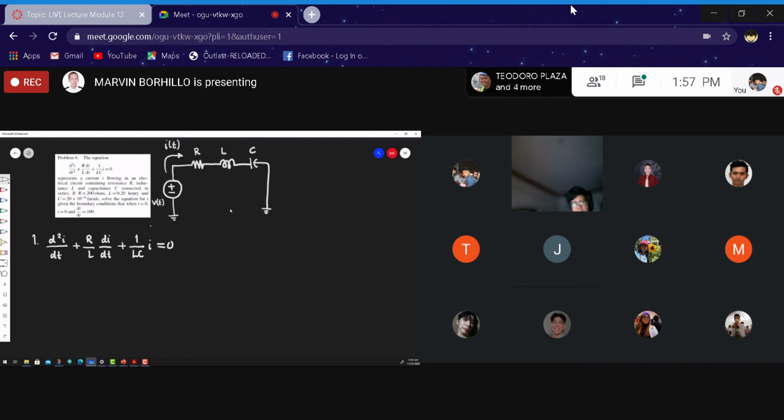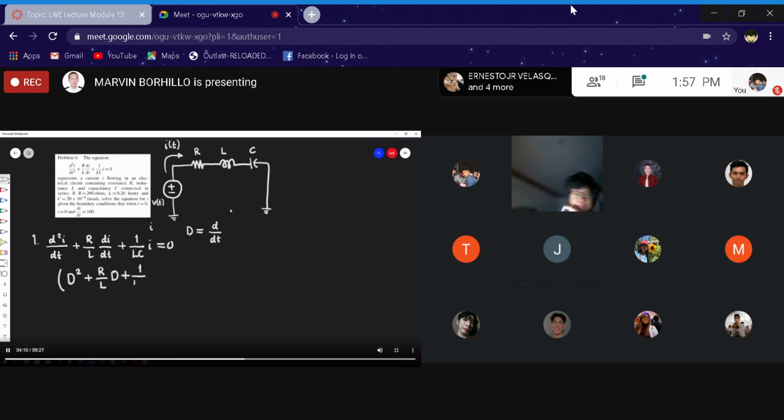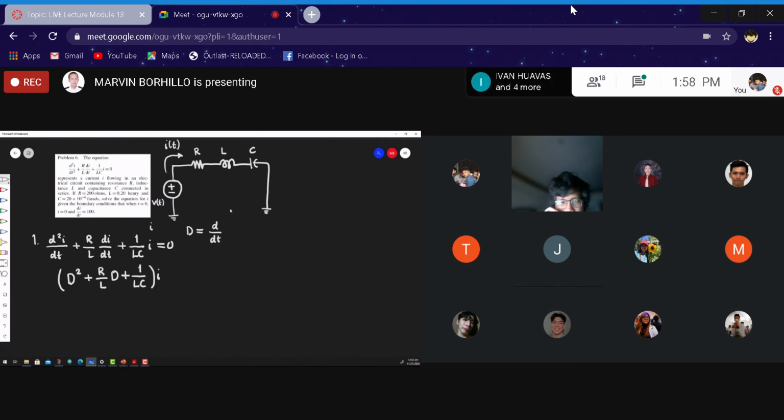D will be equal to d over dt. The I will disappear, as we factor it outside. So we have the second derivative, D squared, plus R over L D, the di over dt, plus 1 over LC, times I, the dependent variable, equals 0.